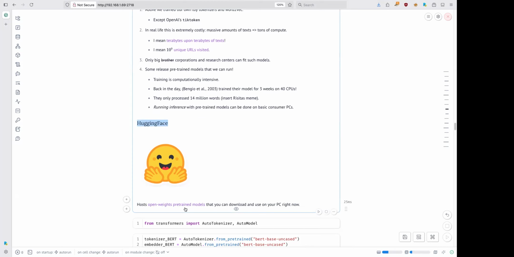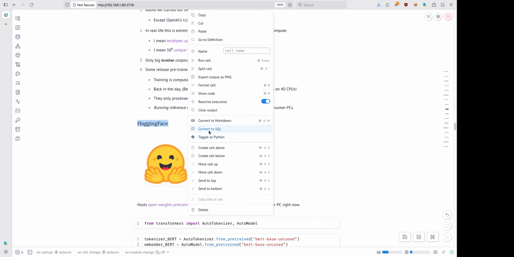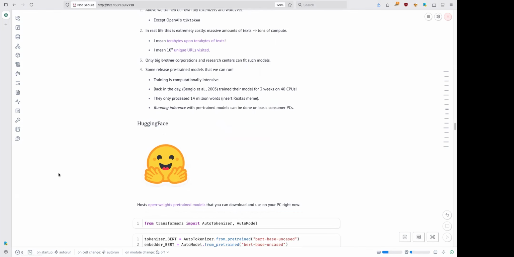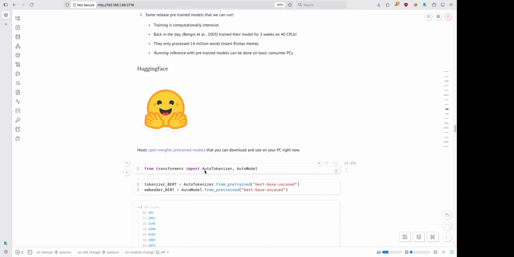You can click the link and it will take you to the stuff. You will be able to click the link in your files. You can click the link and see that actually, yes, the Hugging Face repository stores pre-trained models that you can download like this.